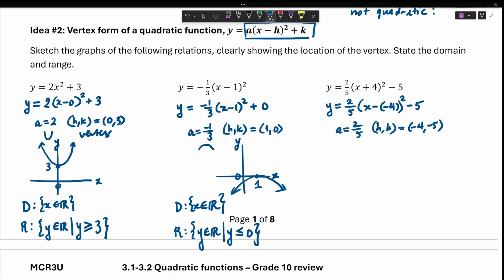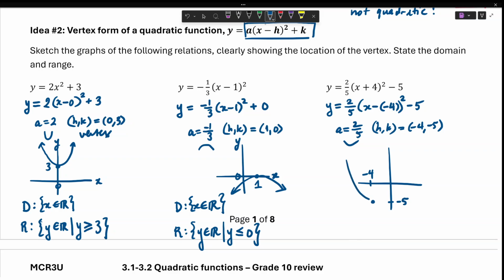A being positive means it's a happy face parabola, concave up. So let's draw that. Let's say this is negative 4, negative 5. Here's your vertex. And I actually don't know exactly where it reaches the x-axis, but I'm not going to worry about that right now.